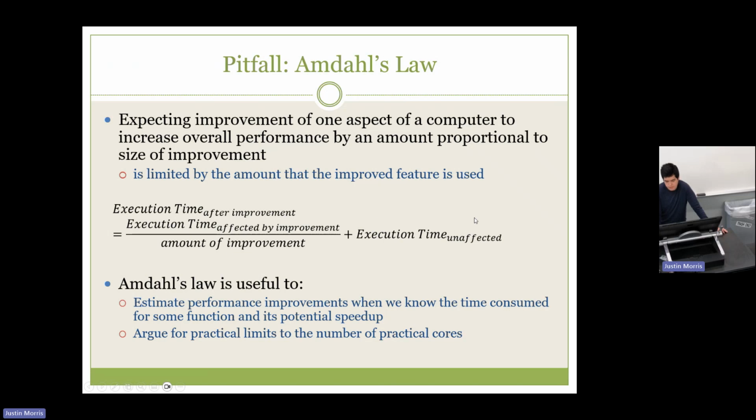But then you still have this whole other section of execution time that's unaffected because it was not improved by the improvement. Okay? So if this is like 90% of your execution time, and you only sped up 10% of it, even if you made this 0, you've only become 1.1 times faster.